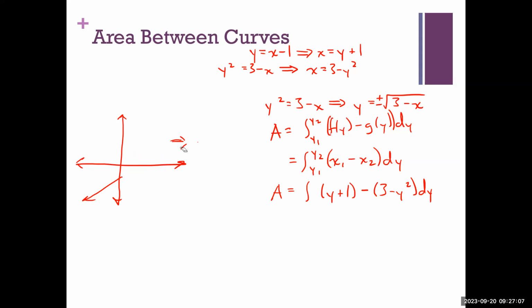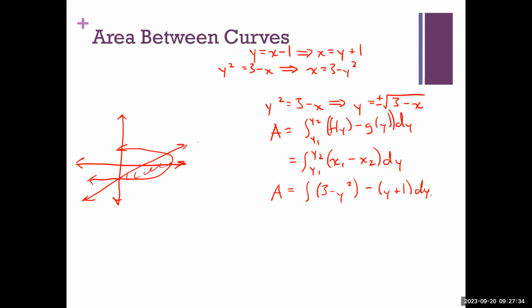I'm confident about the straight line, but now we have a parabola that opens left, right? So because of that, yes, we're going to change what our upper and lower functions are. Minus y plus 1.